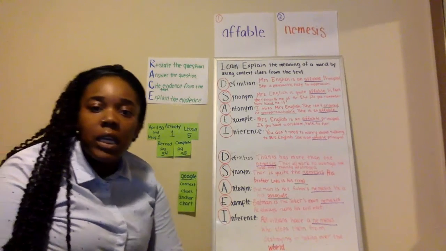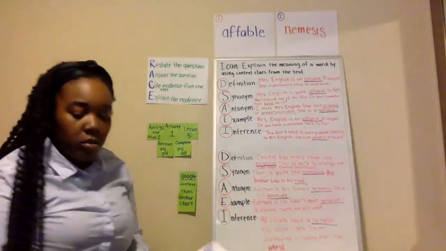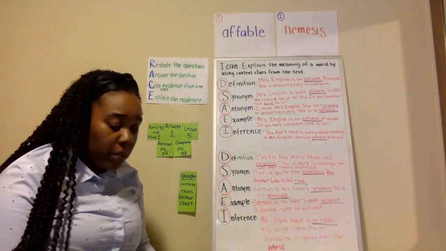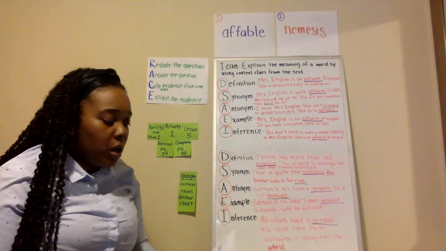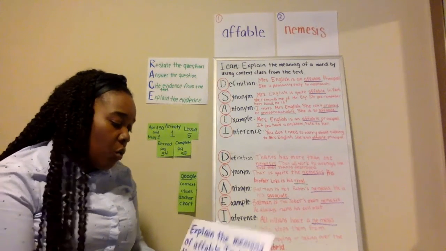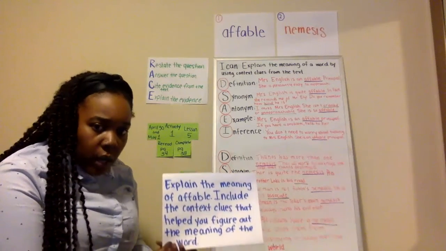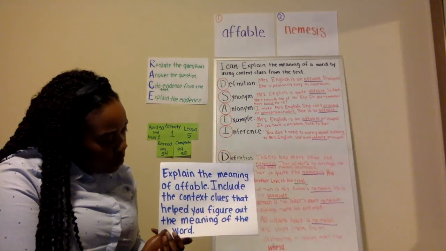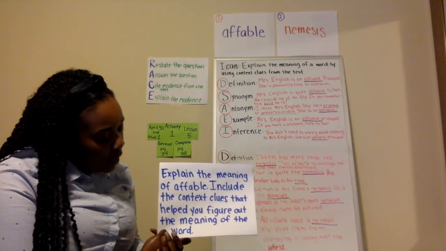And E, explain the evidence. We want to use those 4 steps to make sure that we are properly answering our question. So now I want to explain the meaning of affable, and I want to include the context clues that helped figure out the meaning of the word.